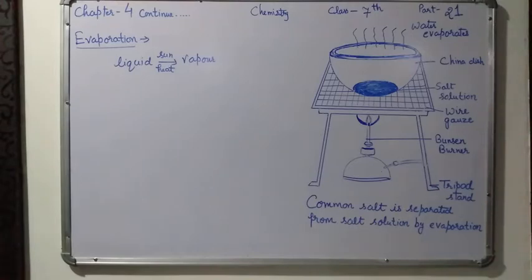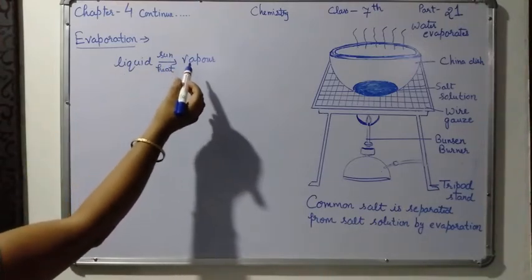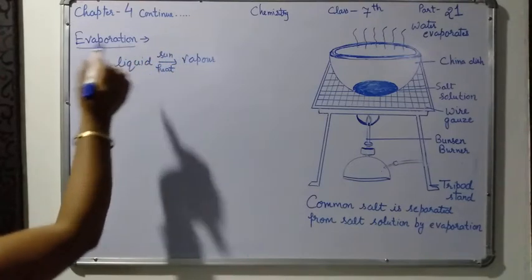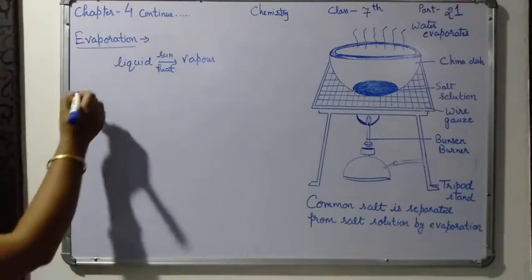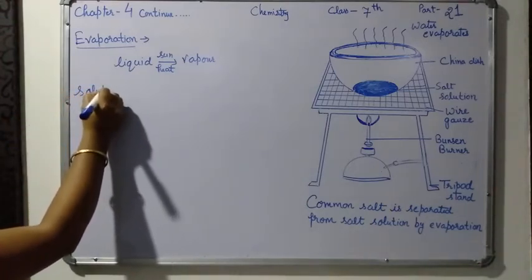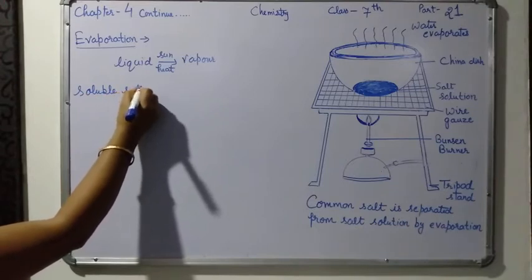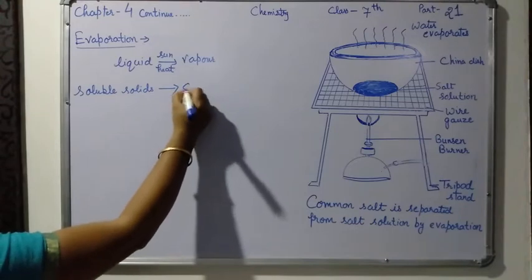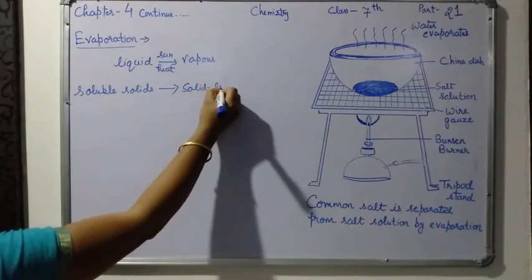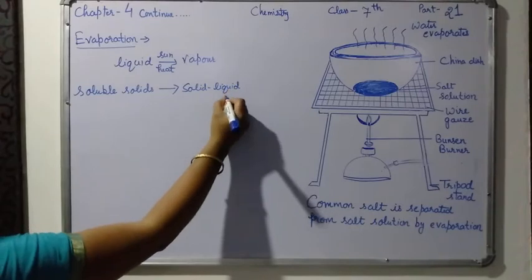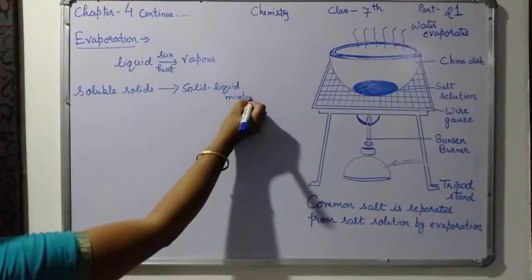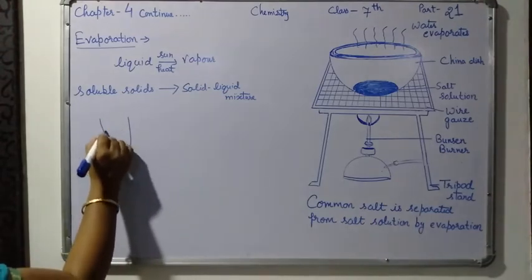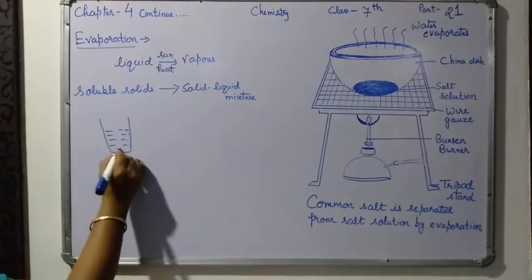So the process of converting a liquid into vapor, either by exposing it to the sun or by heating, is known as evaporation. It is used to separate soluble solids from a solid-liquid mixture. A solid-liquid mixture means, for example, a mixture of water and sugar.